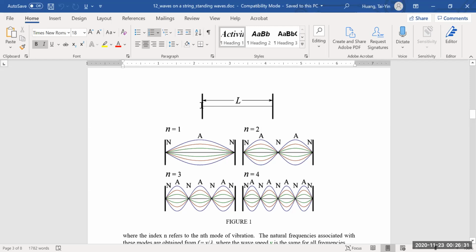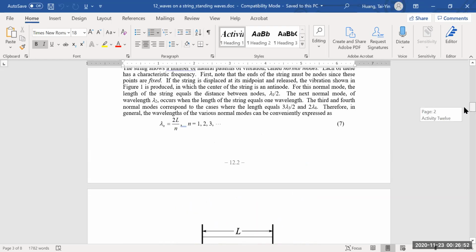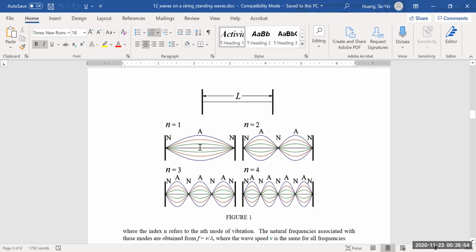So you have the outgoing and the reflected wave interacting with each other. We use superposition, meaning you have the two waves adding together, and at specific frequencies standing waves can be produced. Okay, and when the standing waves are produced, we say that it is the resonance frequency.